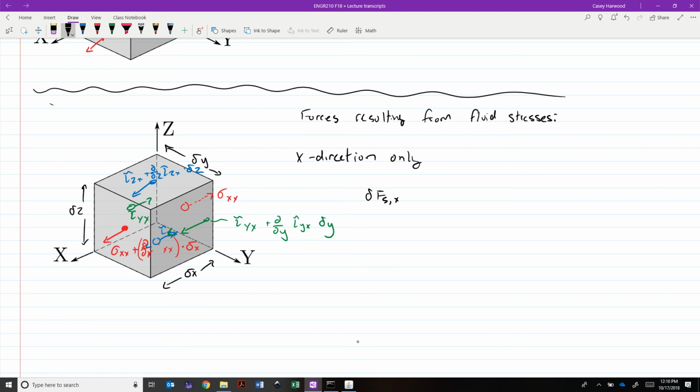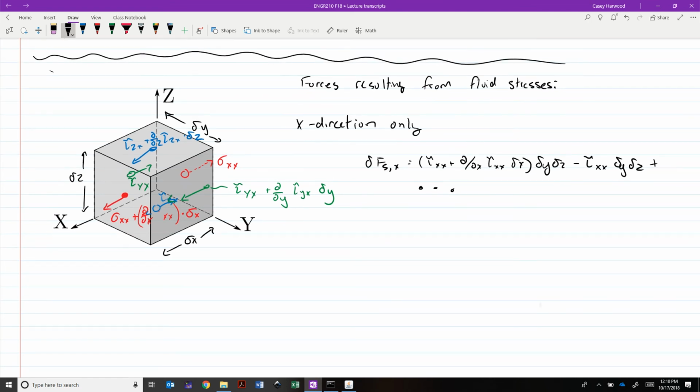If we wanted to write out the surface forces acting in the x direction here, we would have sigma xx plus partial x of tau xx delta x, times the surface area over which it's acting, minus tau xx delta y delta z, plus the same for the tau yx and tau zx components.